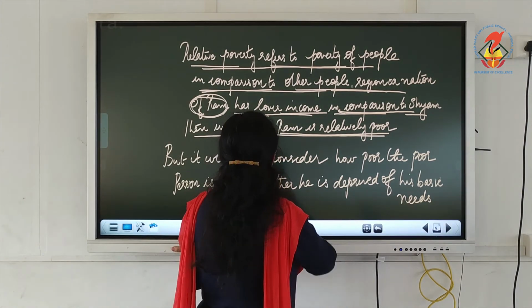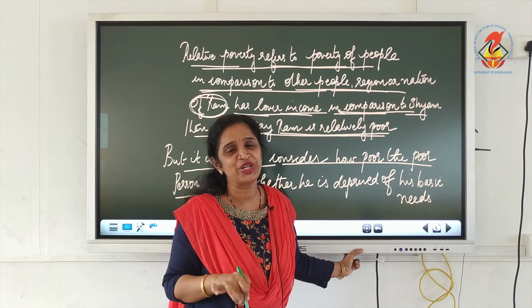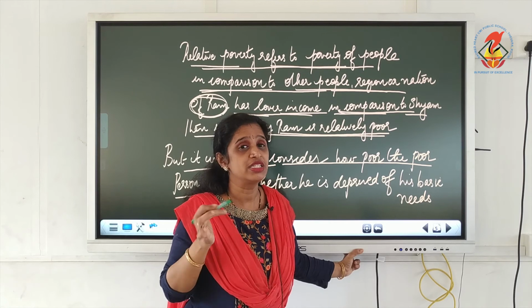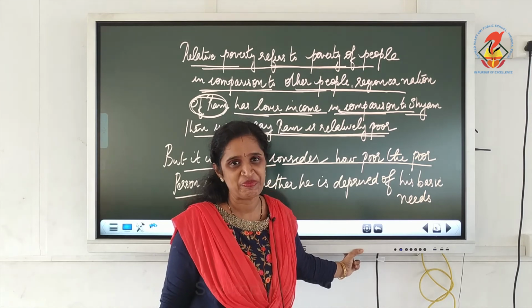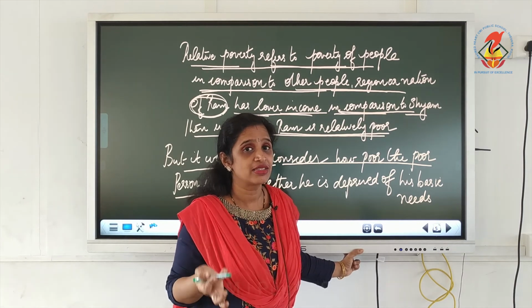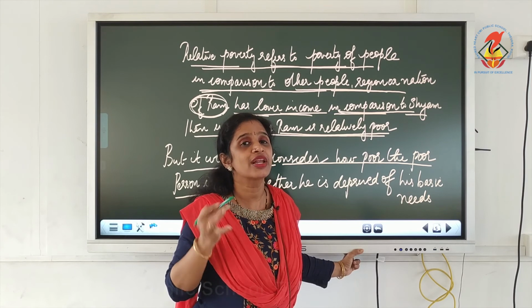But what is the major defect of this method? It will not consider how poor the poor person is. Here we are not considering how poor Ram is when compared to Shyam, or whether Ram is deprived of his basic needs. We are comparing only, and saying that as Ram is getting less income than Shyam, he is relatively poor.